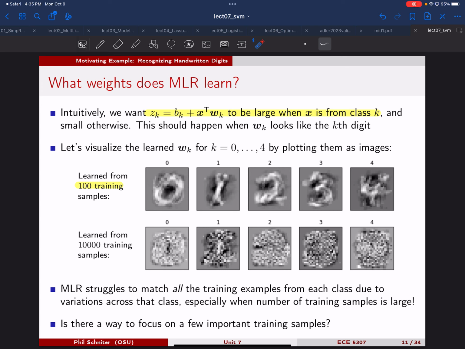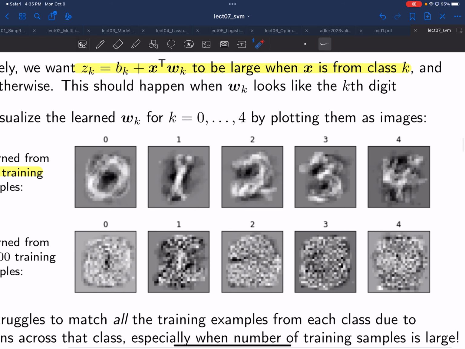By the way, the color map here works so that this gray would be 0. Anything lighter than that gray would be positive, and anything darker would be negative, I believe. In any case, you do see a 0 here, a 1 here, a 2, a 3, a 4. So things are making sense, right?